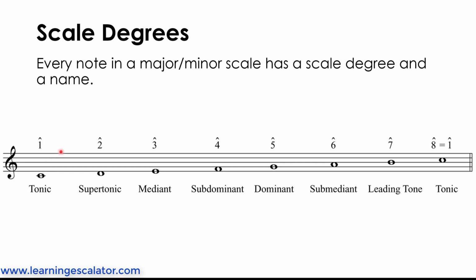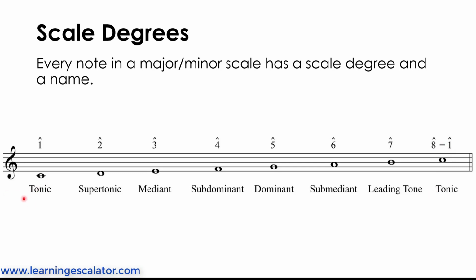They also have special names. The first degree is called tonic, the second degree is called supertonic, third degree is called mediant, fourth degree is called subdominant, fifth degree is called dominant, 6th degree is called submediant, 7th degree is called leading tone, and the first is called tonic again.